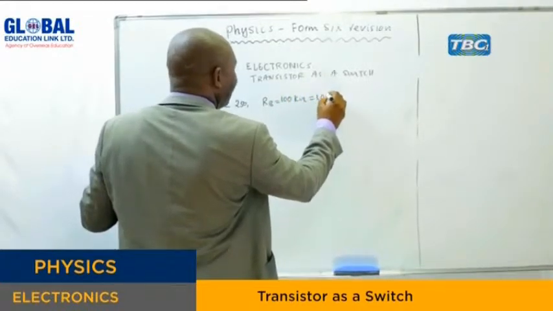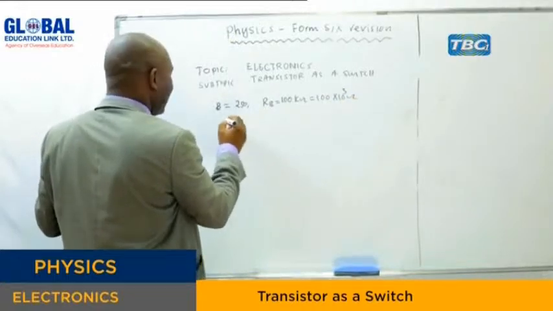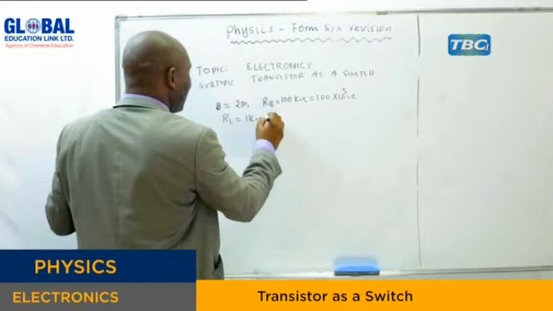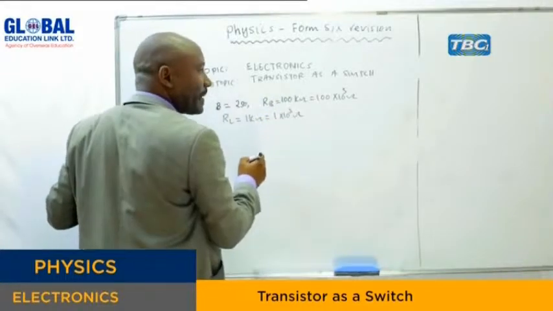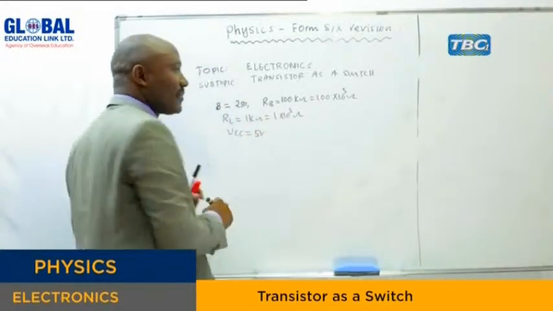This is 100 times 10 to the power 3 ohms. Then you are given the output resistance as 1 kilo ohm, which is 1 times 10 to the power 3 ohms. And the supply voltage is given as 5 V.